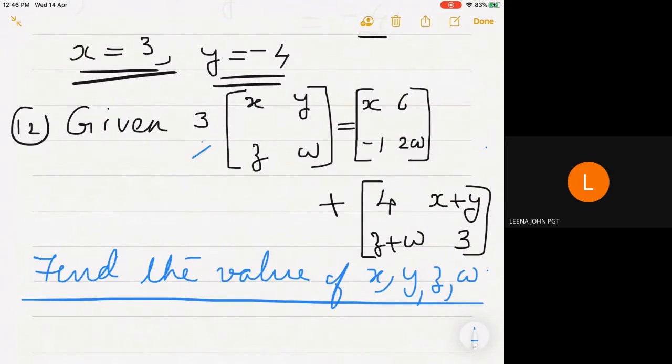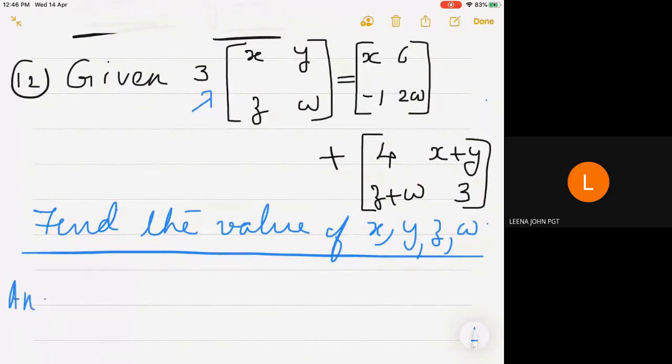You can see here, if you take the left hand side of this equation, we have 3 into the matrix x, y, z, w, which is a matrix multiplication with a scalar quantity. So a scalar multiplication means every element of the matrix is to be multiplied with 3. So we will get 3x, 3y, 3z, 3w.